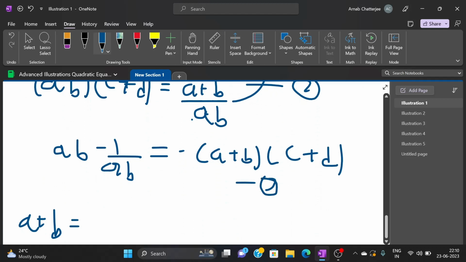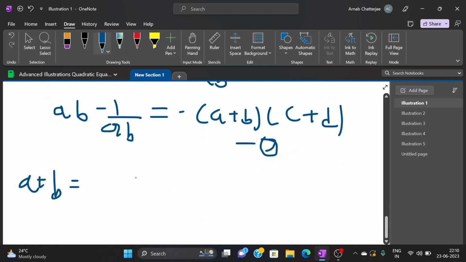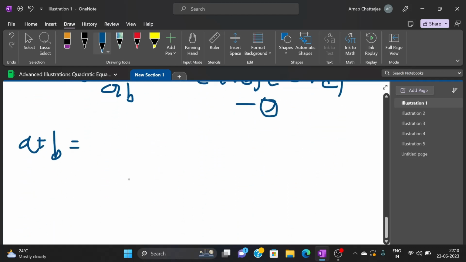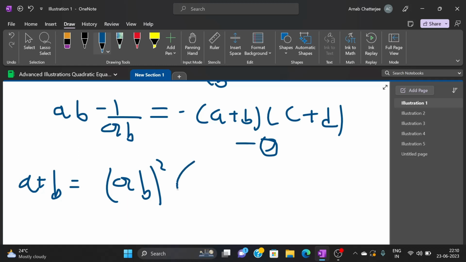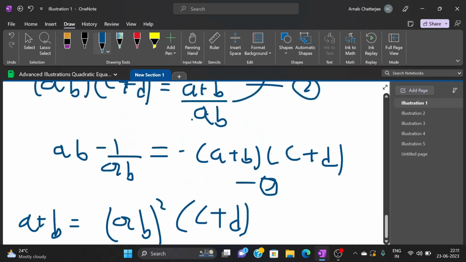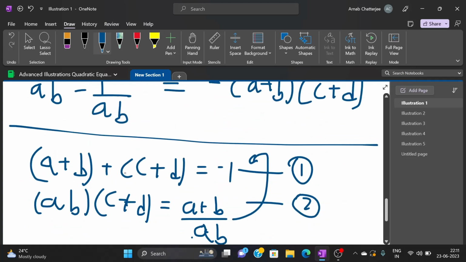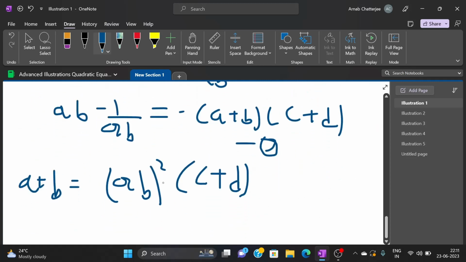Okay. So from equation 2 we have A plus B equal to (AB) whole squared into (C plus D). And we have A plus B plus C plus D equal to minus 1.